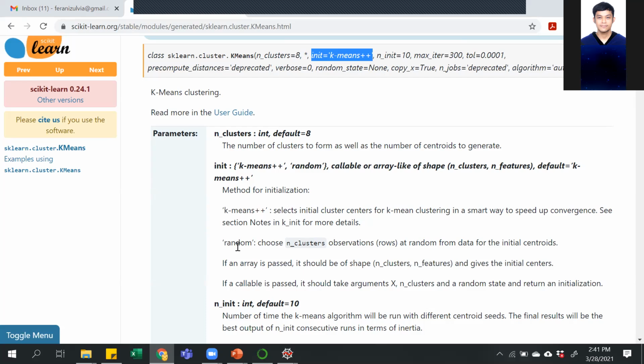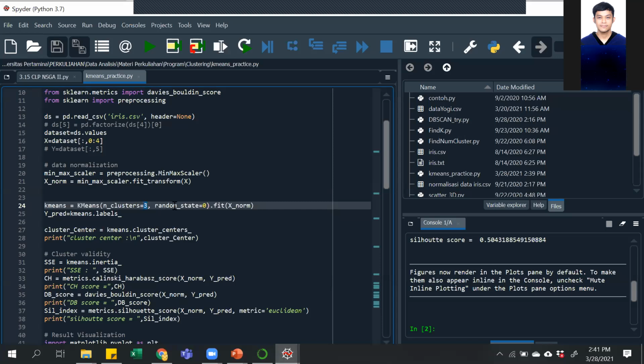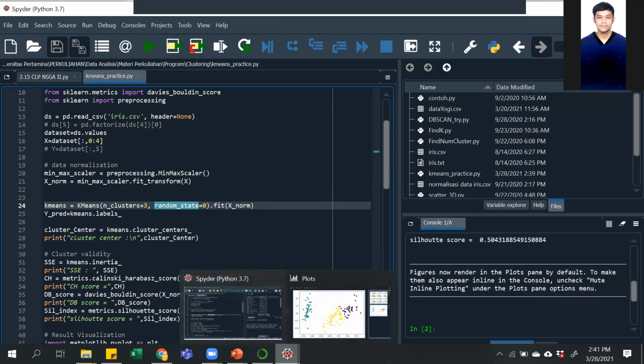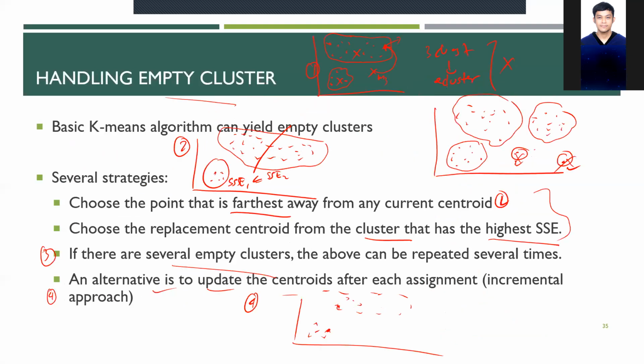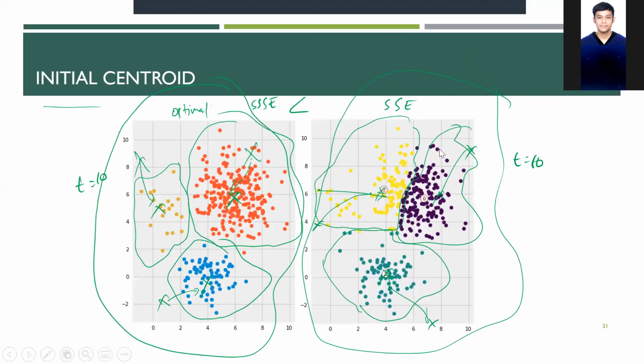So the default is random initial centroids. In my case, I don't set the initial centroid, so it will use random initial centroids, just like what I just showed you here.